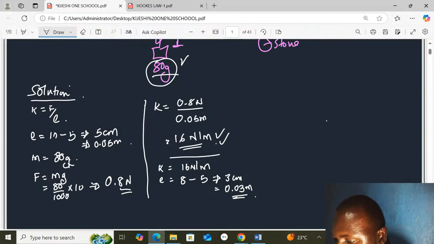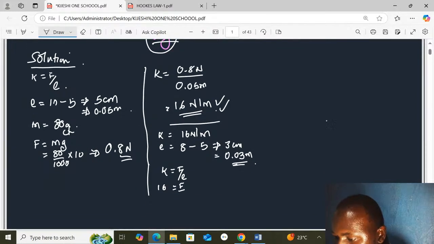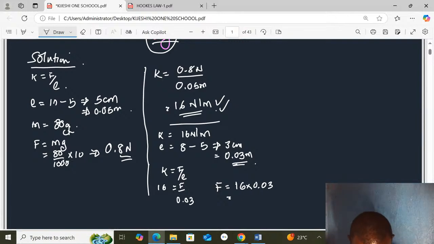Therefore, from K is equal to force over extension, our 16 will be the same as the unknown force over an extension of 0.03. Therefore, our force will be 16 times 0.03, and this is 0.48 newtons.